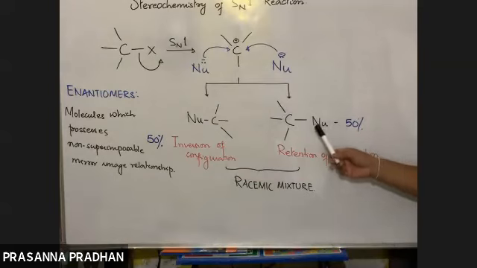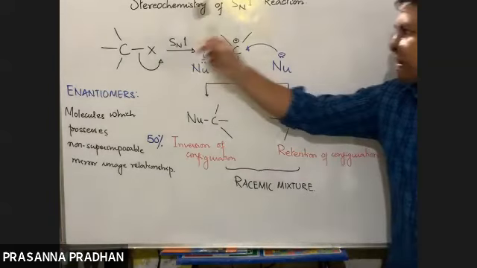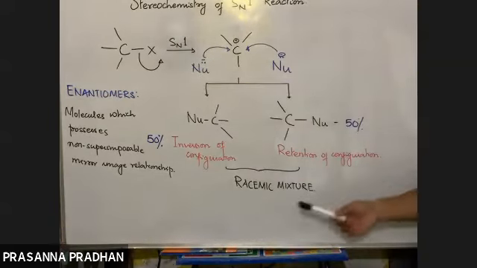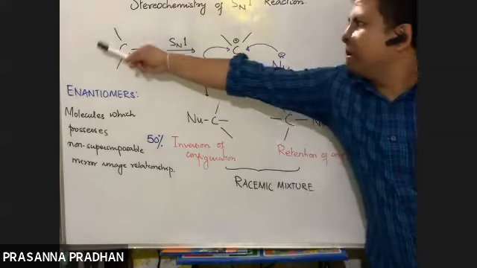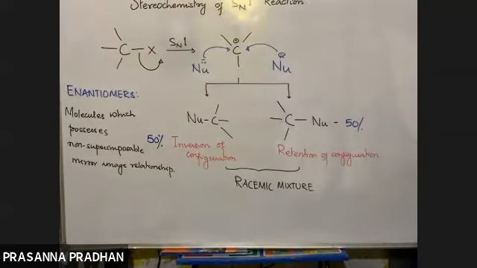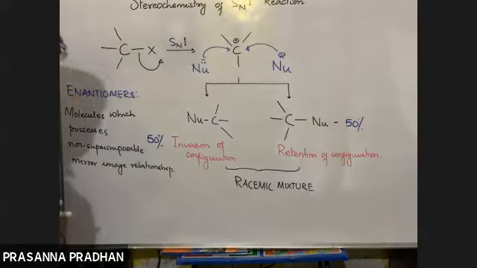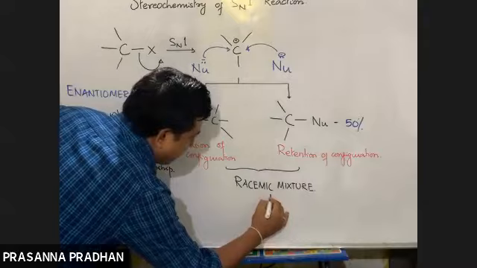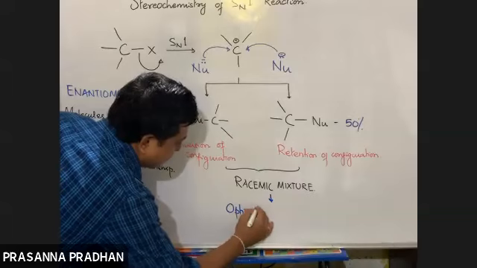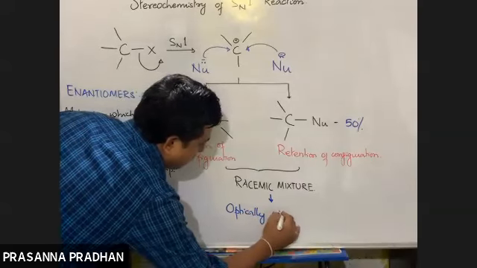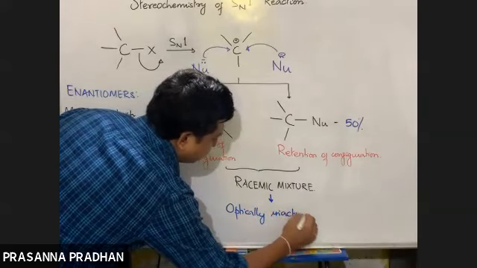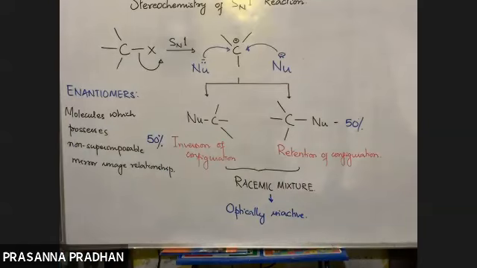Retention means the nucleophile forms a bond from the same side as the leaving group. Inversion means the nucleophile forms a bond from the opposite side. And this type of racemic mixture is said to be optically inactive.